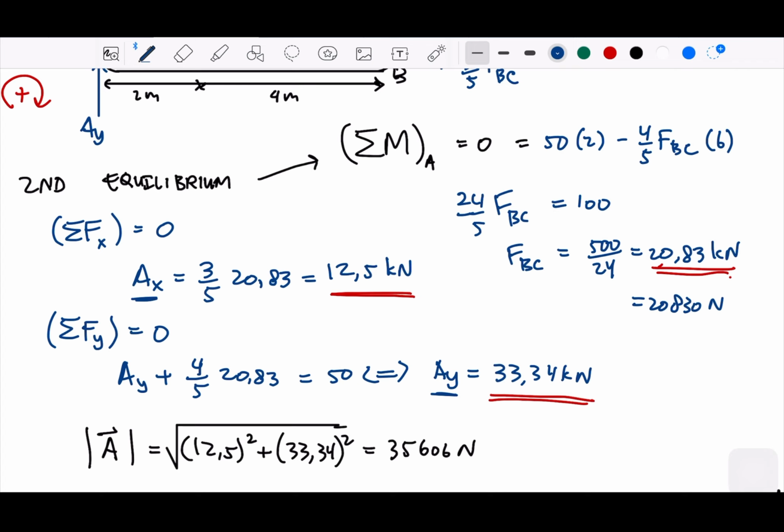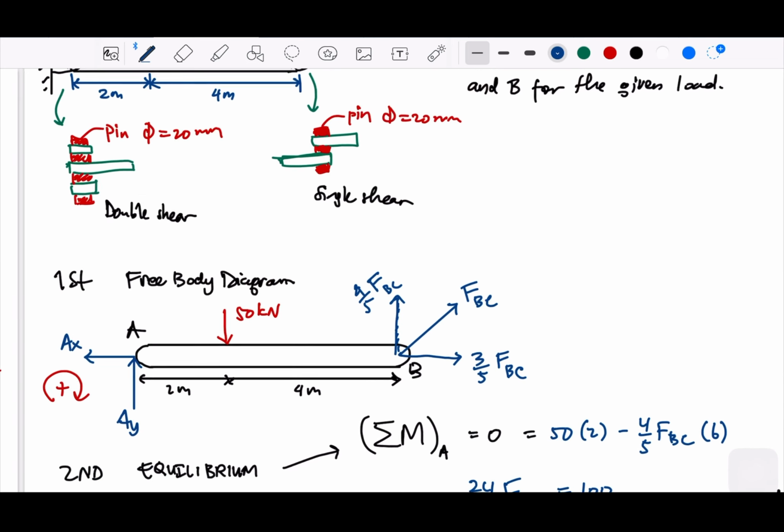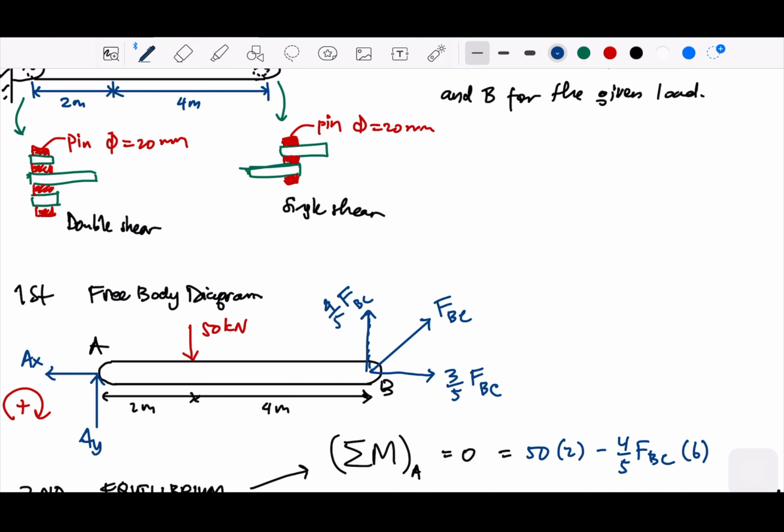Their diameter is 20 millimeter, so we can compute the area, right? So basically, the radius is 10 millimeter. So the area is pi times 10 squared, or 314 millimeters squared. Okay, the area, both of the pins.